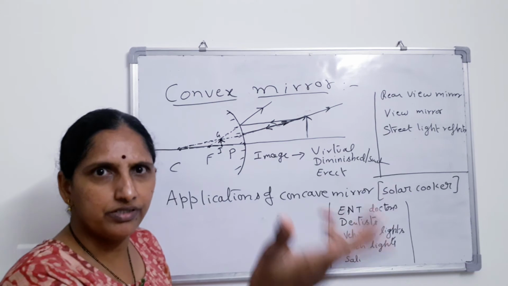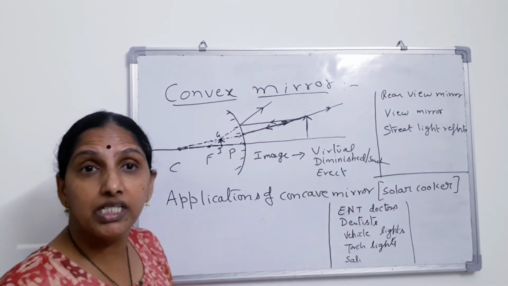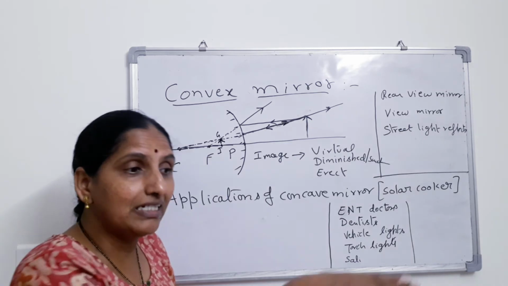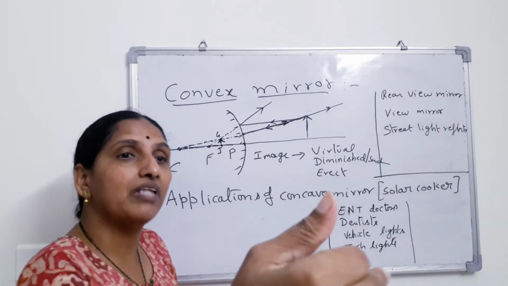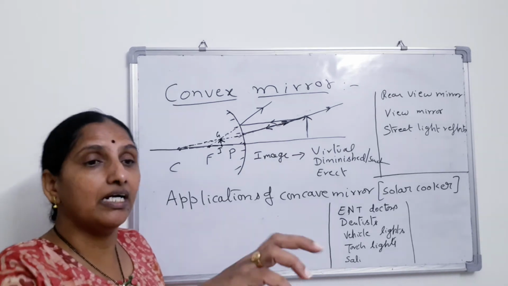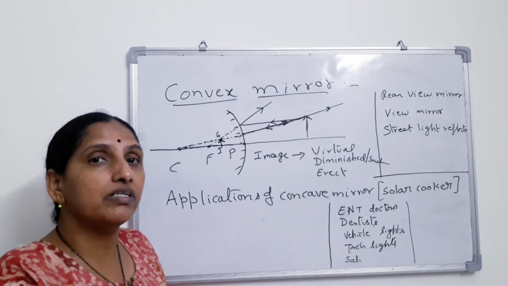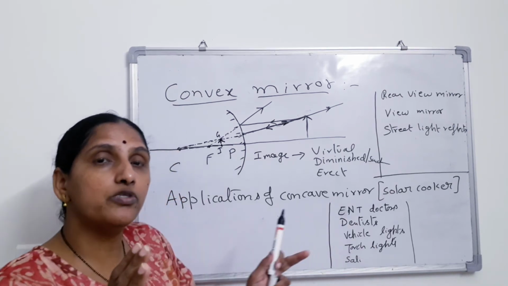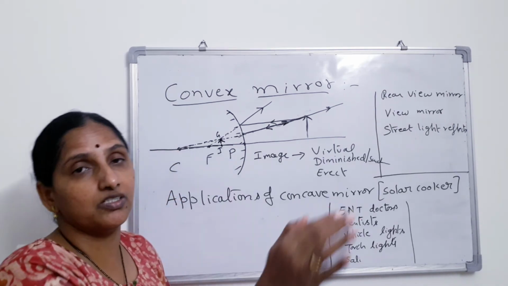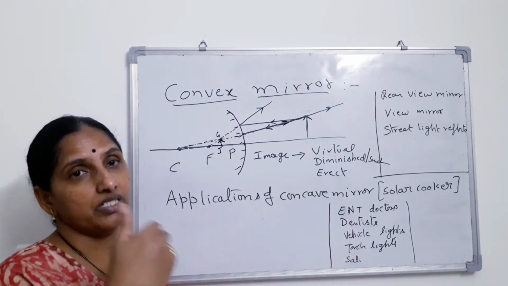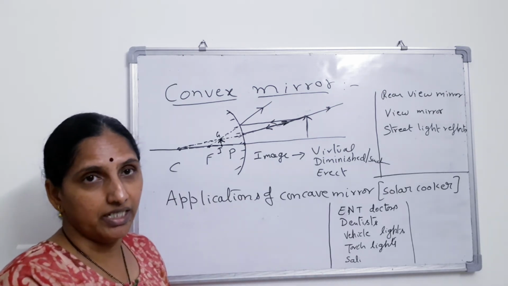Even in colonies and big apartments, wherever there is a 90-degree path, a person can't see whether a vehicle is coming from the other direction. So there you can observe big convex mirrors located there, which help in viewing objects coming from the other direction.